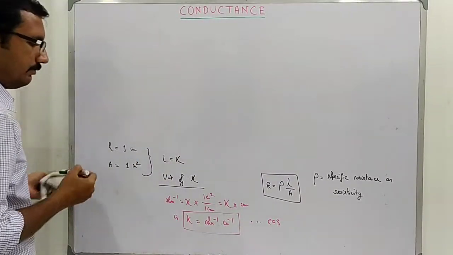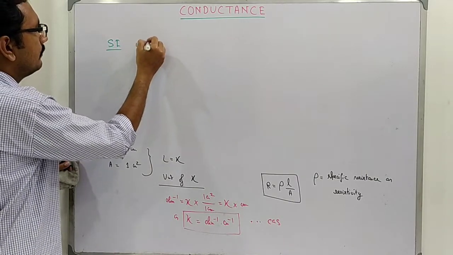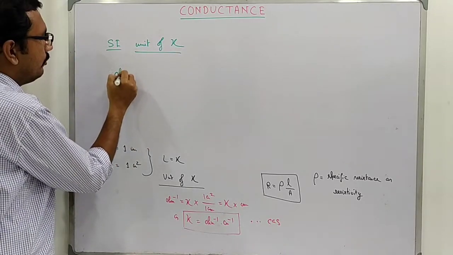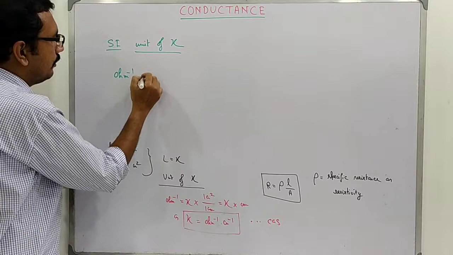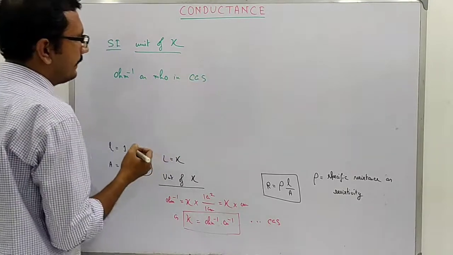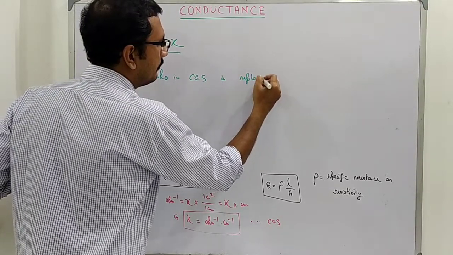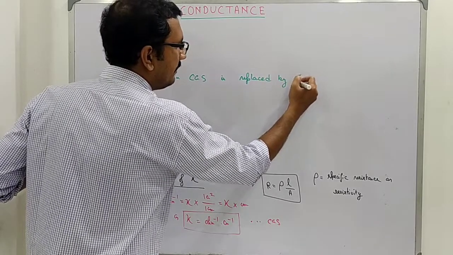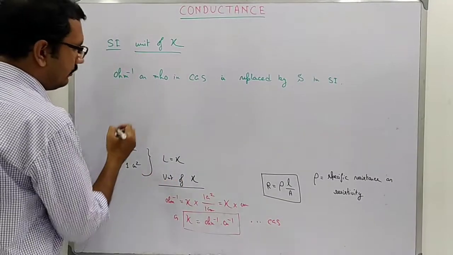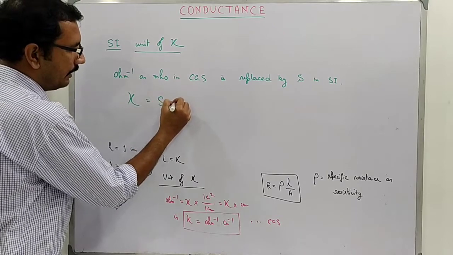Now, in SI, what would be the unit? The SI unit of kappa: this ohm inverse or mho in CGS is replaced by Siemens in SI. So, the unit of kappa in SI will be Siemens per meter.